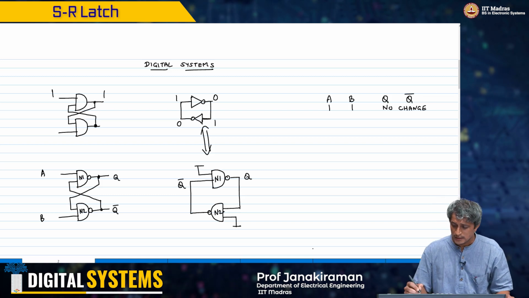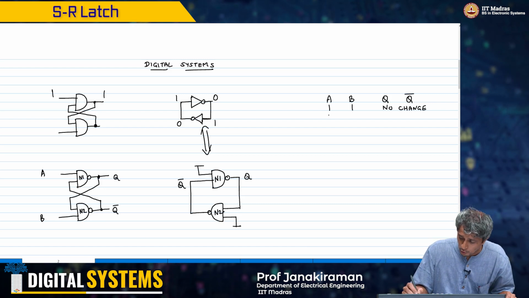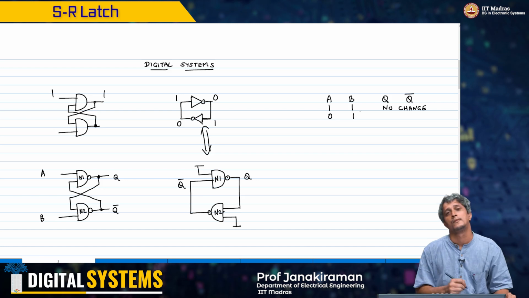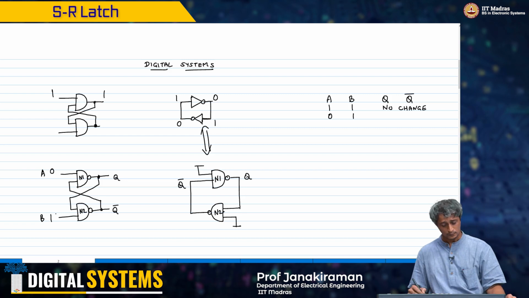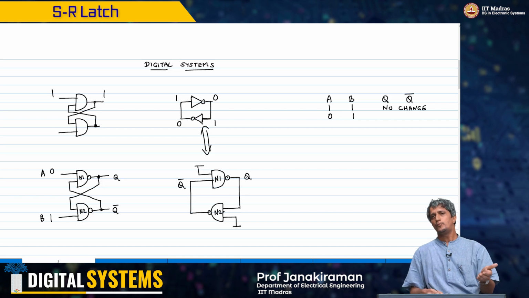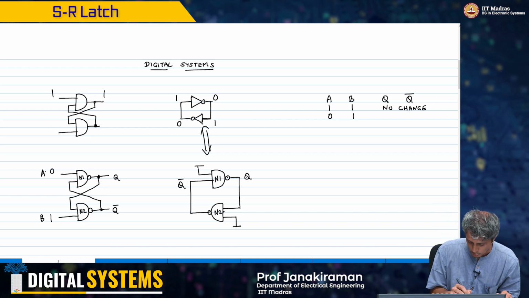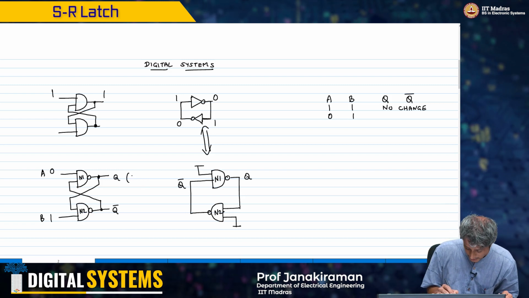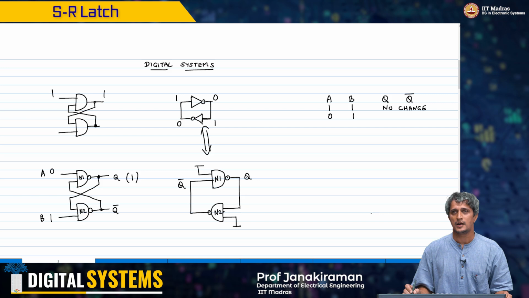Now let us analyze what happens when I have the input A equal to 0 and B equal to 1. The thing with a NAND gate, if you remember the truth table, is that if any one input happens to be a 0, the output will simply go to a logic high. Therefore, if A equal to 0, then Q will go to 1 instantaneously, because of the NAND gate.